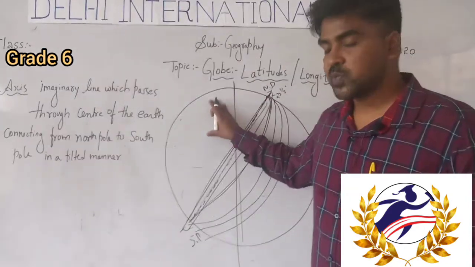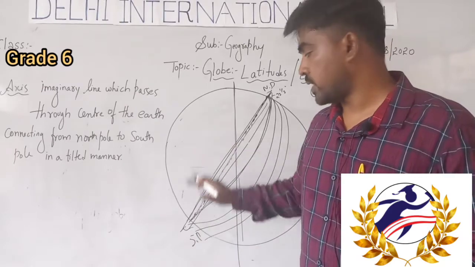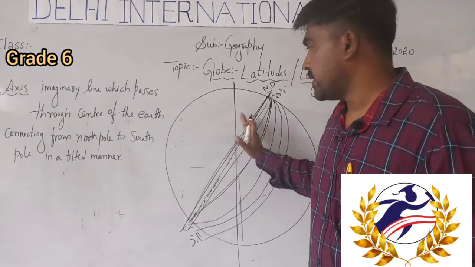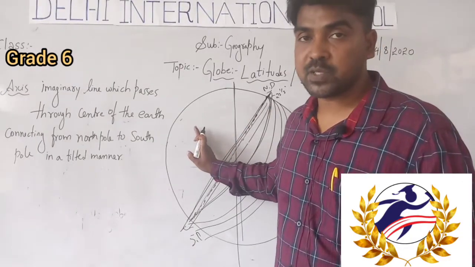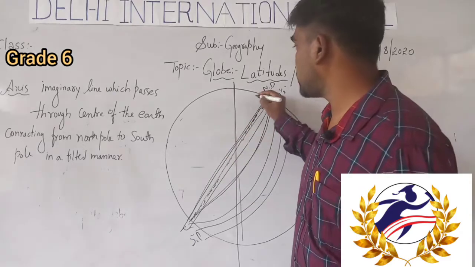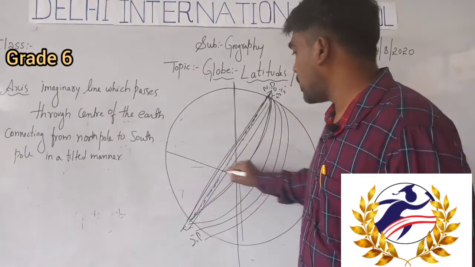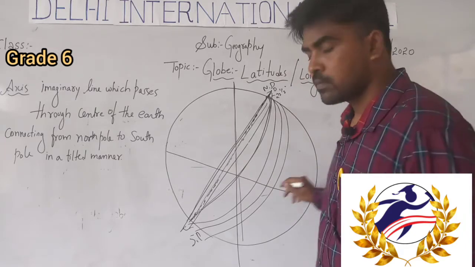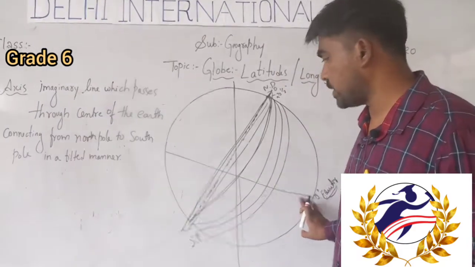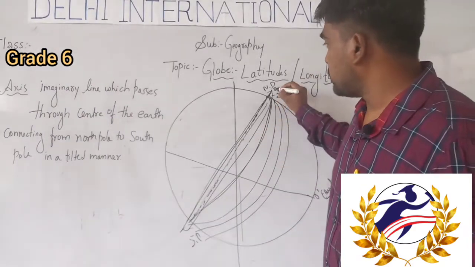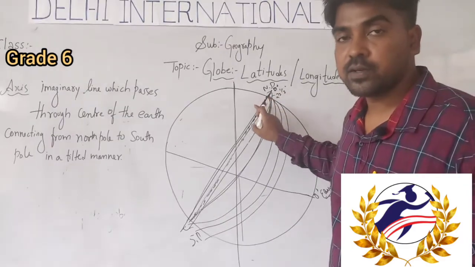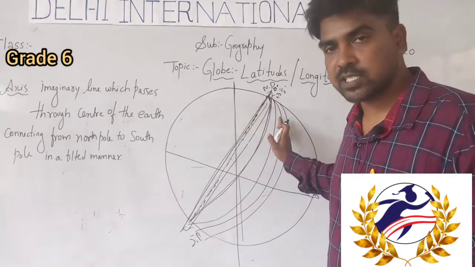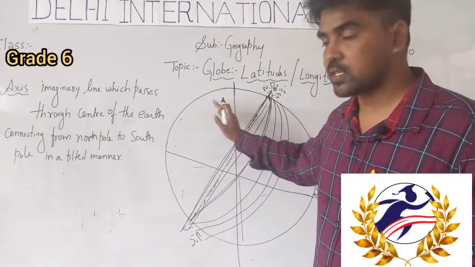Just as the northern hemisphere and southern hemisphere are divided, our earth is also divided into the eastern hemisphere and the western hemisphere. Just as we had the 0 degree equator, we have a 0 degree longitude. Some longitudes are counted as east and some as west.